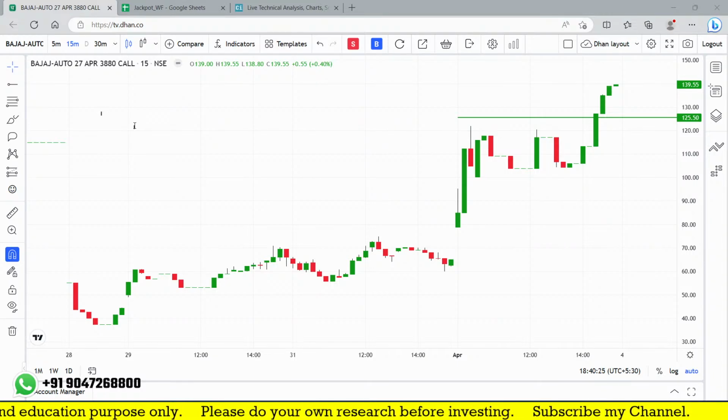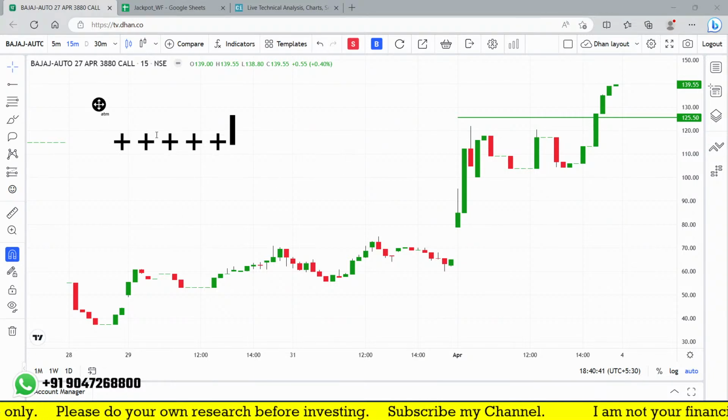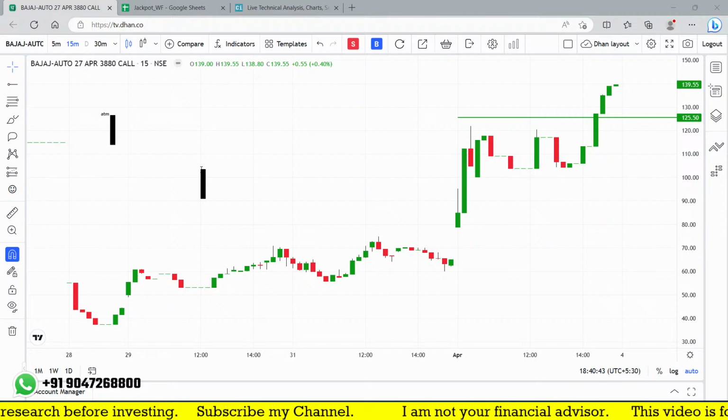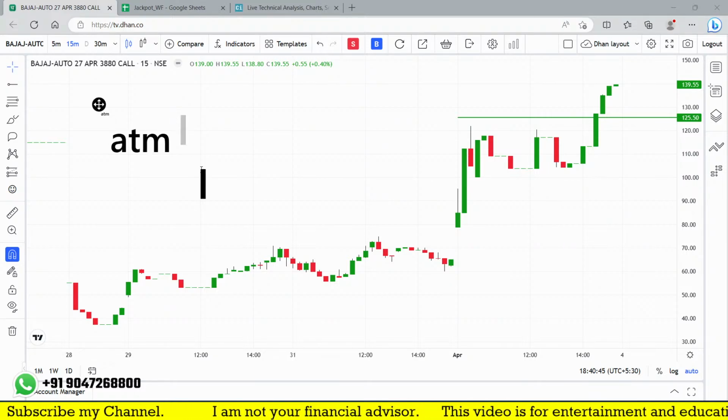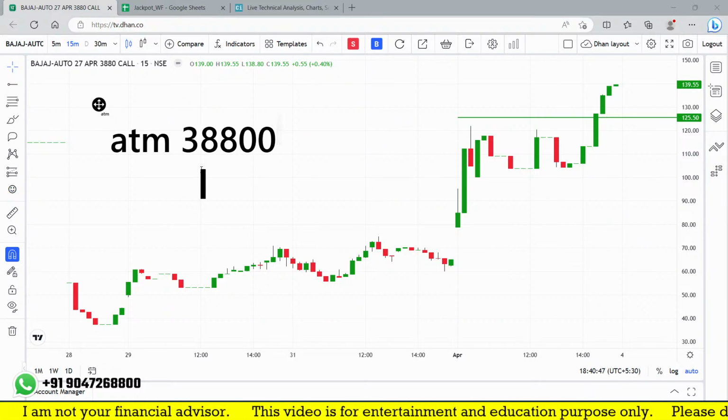Okay, so ATM, we are going to increase the size. But I am just focusing on an ATM strike price. The ATM strike price should be the 3880 call option.